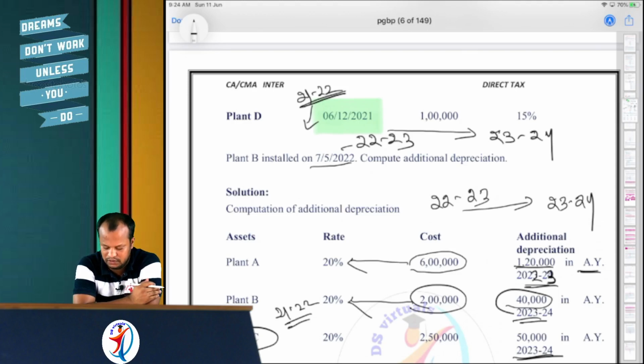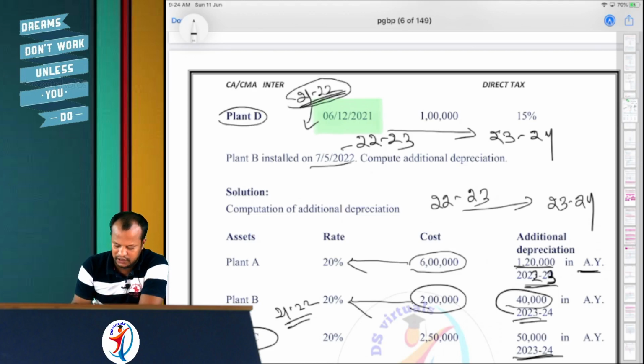Sir, how? From 6th December to 31st March, it is not 180 days. So in 21-22, plant D was put to use for less than 180 days.